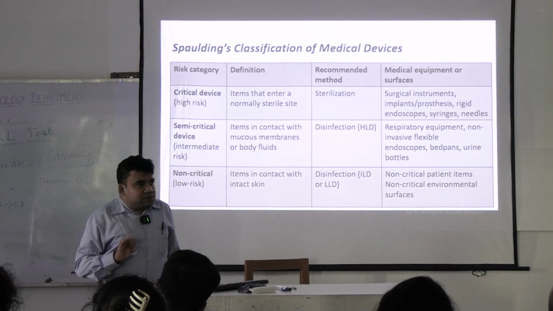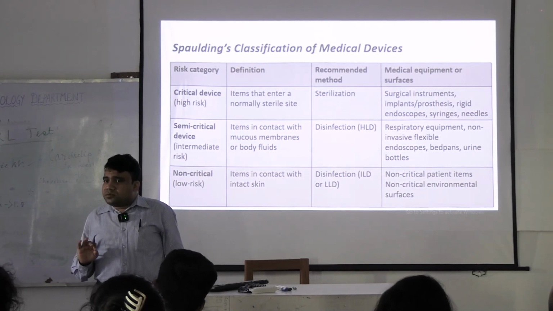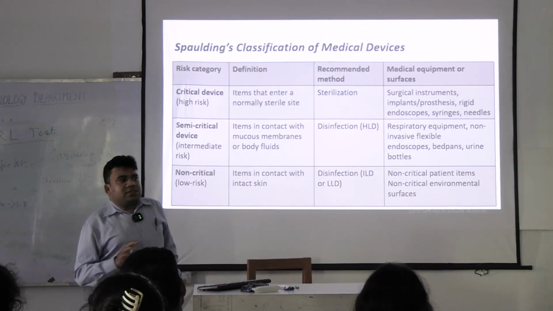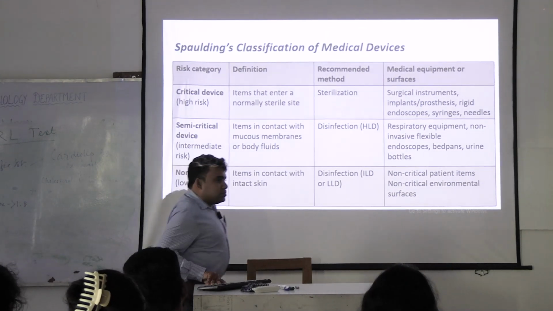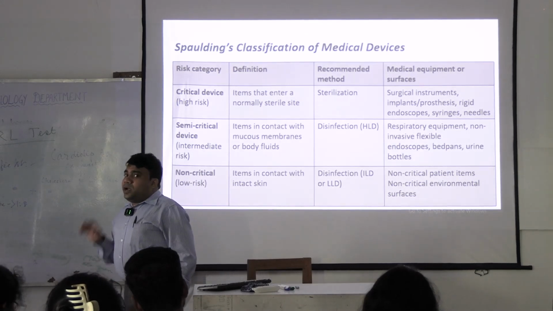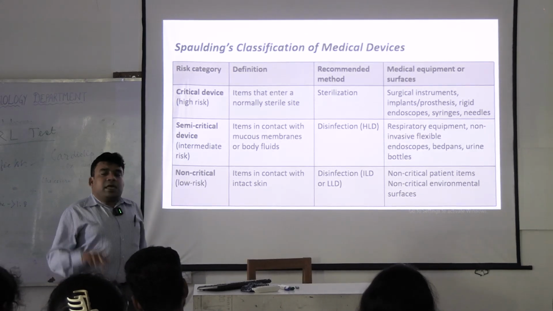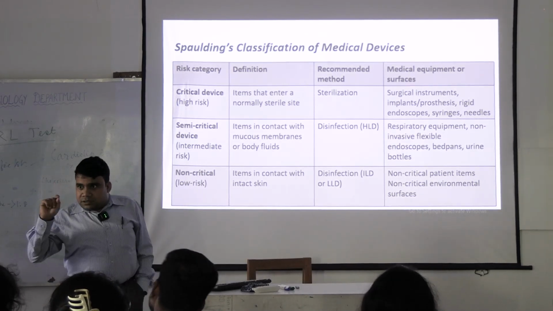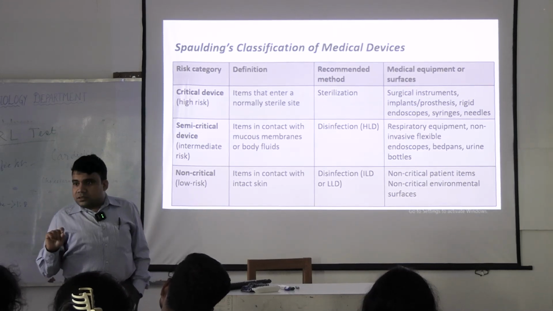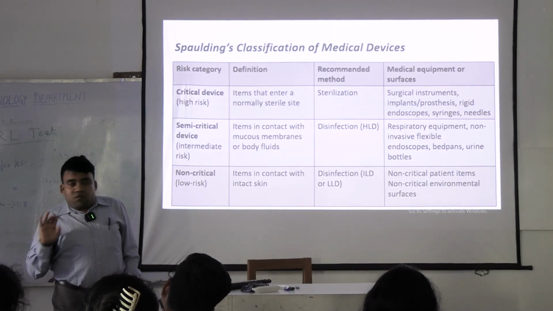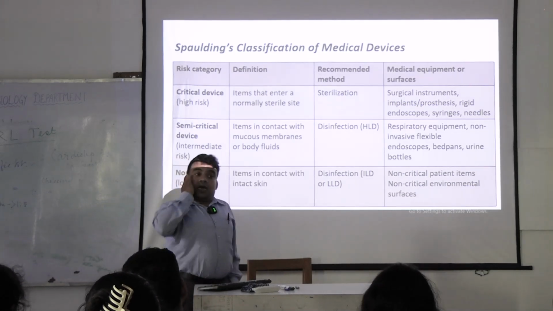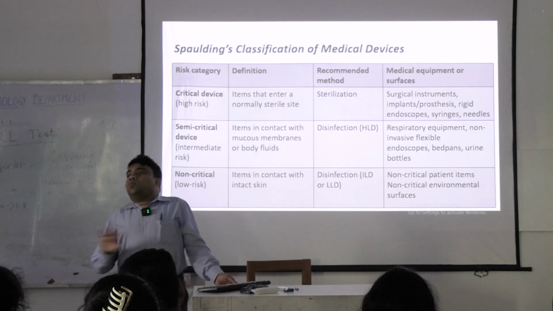The cardiovascular system is sterile, central nervous system is sterile, musculoskeletal system is sterile. So anything that is entering into this system is entering a sterile area. Now when I say sterile area, that means even an organism with a very low pathogenic potential, if it enters, it will cause disease. For example, the CSF is an anatomically aloof area and has no microorganism.